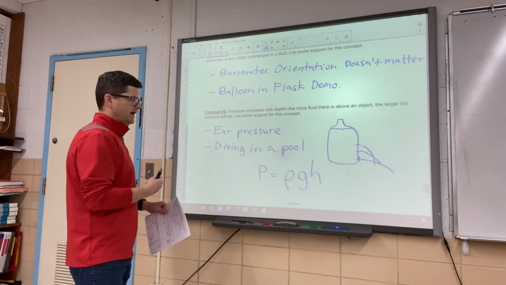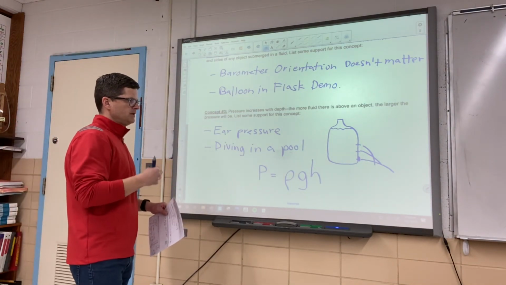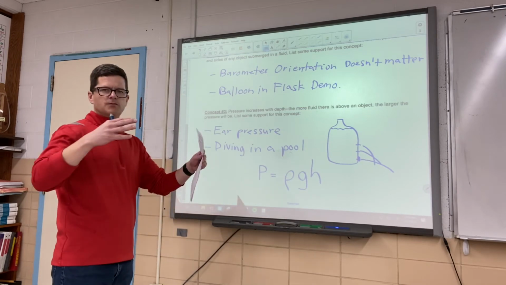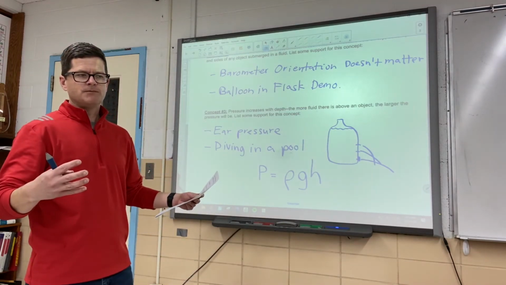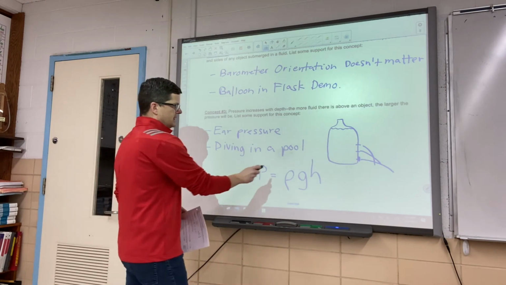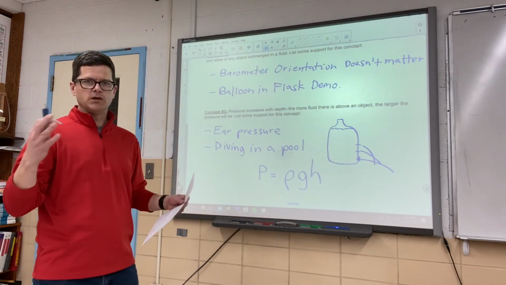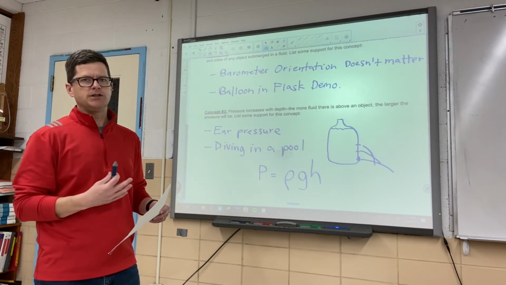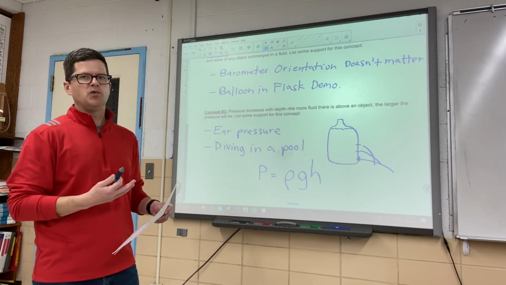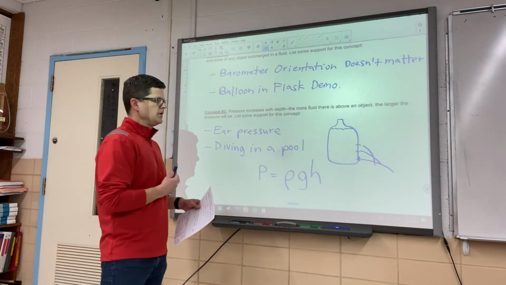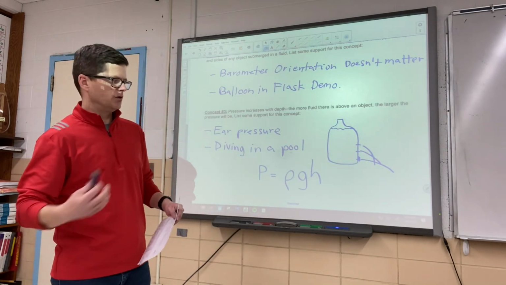This works for gas or liquids, as long as you have roughly uniform density. The density times g is the normal little g that we've used before, acceleration due to gravity, with a value of 9.8 meters per second squared, or 9.8 newtons per kilogram.